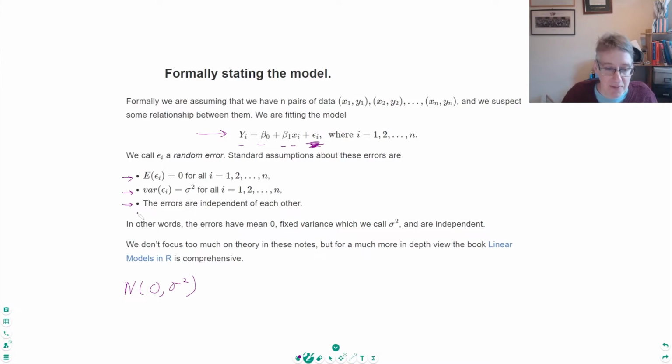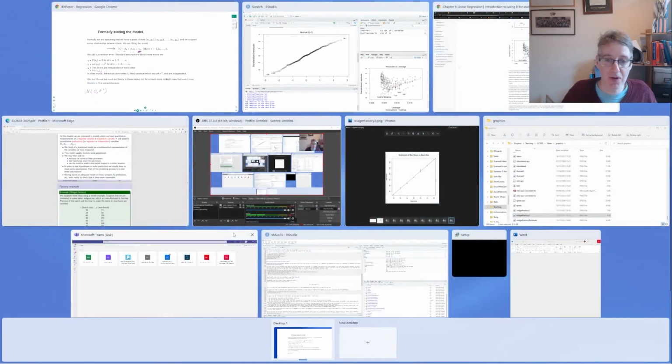Sometimes we assume normality, but actually this turns out not to be a necessary assumption, though it's one a lot of people make. So it turns out that this model is necessary for everything to be sane in our linear modeling framework, and what we're doing when we plot the residuals is checking whether this is true or not.